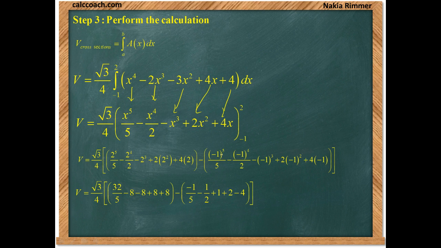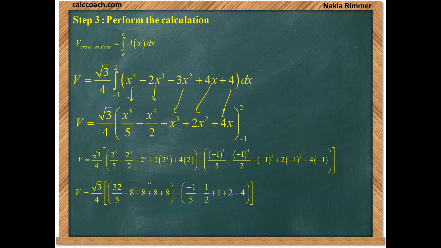On the other side here, be careful, it's a negative 1 that's to the 5th, so it's negative 1 fifth. Be careful here, it's a negative 1 that's to the 4th, but then there's a negative on the outside, so that's a negative 1/2. Wow, this could be trouble. It's a negative 1 that's cubed, and then there's a negative on the outside, so it'll be a positive 1. And then we have a 2 and a negative 4.